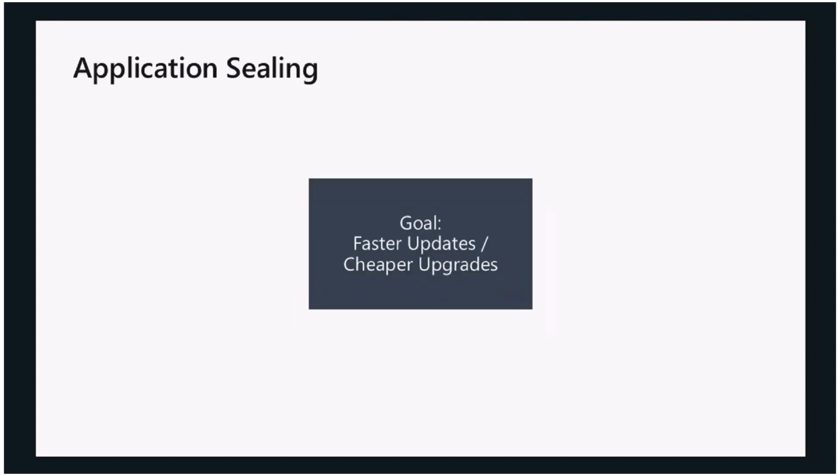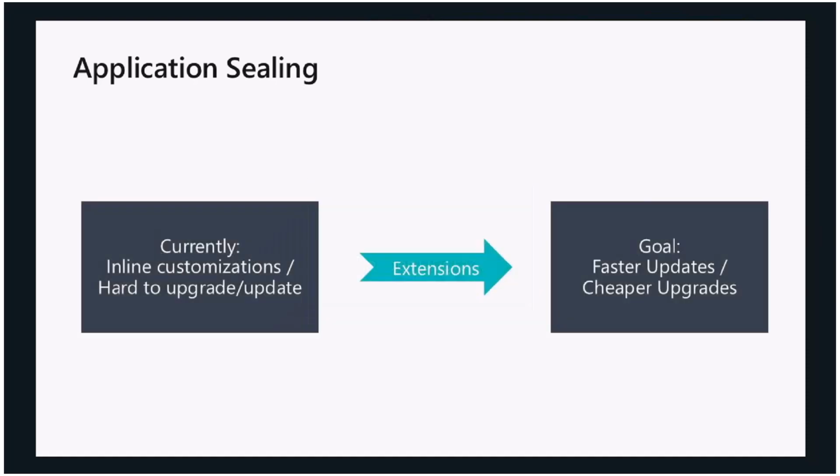The ultimate goal is for us to enable our customers to have a true cloud solution that provides a platform that gives easier and less expensive upgrades and updates. The bridge that will enable this transformation to happen is extensions. By expanding the extension capabilities in Dynamics 365 for finance and operations, we are enabling partners and customers to continue to build vertical solutions that add value, but that do not directly interact with the Microsoft source code in a way that makes it difficult to upgrade the solution.